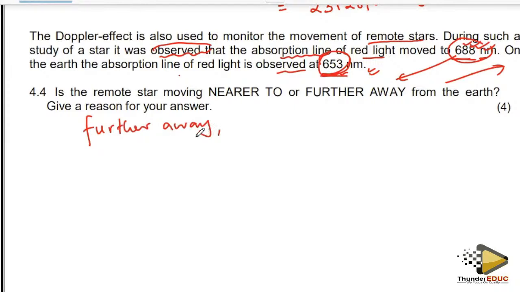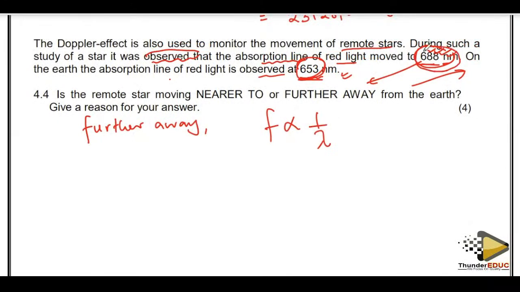And what's going to be the reason for that? We know that f is inversely proportional to wavelength. So if this is our wavelength, the frequency is going to decrease. If we compare this to this, you can see that this is going to have a smaller frequency compared to this one.